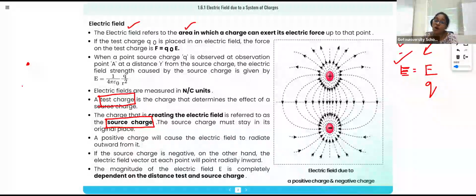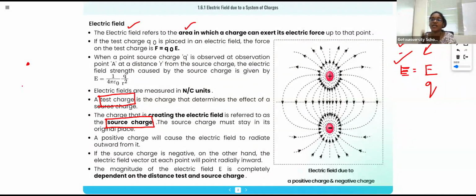The charge by which I am checking is called the test charge. Just keep this in mind. Sometimes they ask this question for 1 mark: what is meant by test charge, what is meant by source charge? The source charge is the one which creates the electric field. The test charge is the one used to test the source charge.